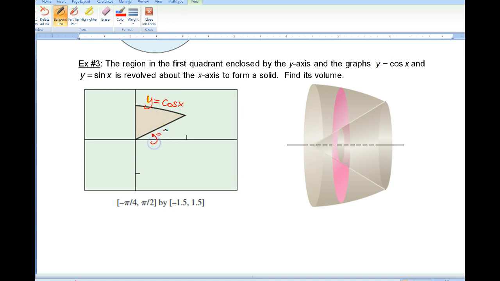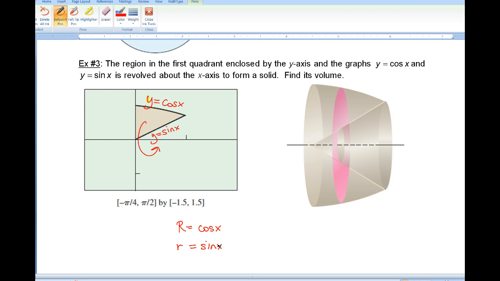And this is y equals sine x. And I want to rotate it here. So there's a couple things I need to figure out. First of all, I need to figure out which one is big R, which one's little r. Okay, so big R is cosine x, little r is the sine x.